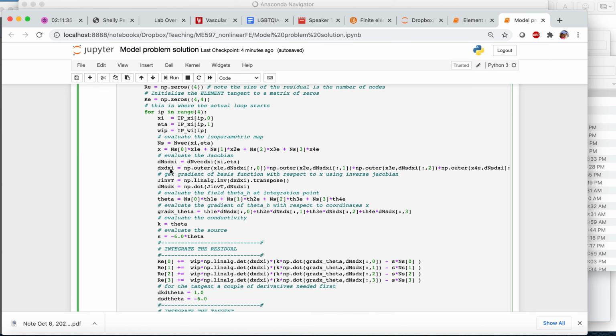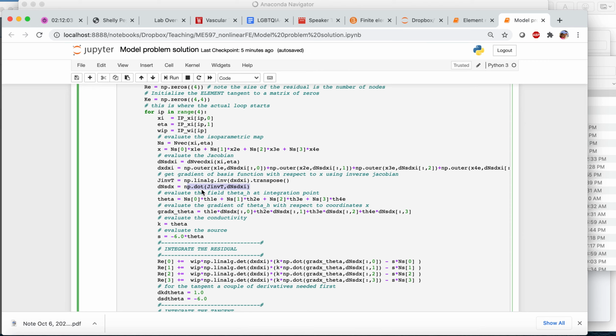Because I need to get gradients with respect to the x coordinates, I need the inverse transpose of that Jacobian. And then with that inverse transpose, I can get the gradients of the shape functions with respect to x. So initially I had calculated the gradient of the shape functions with respect to the coordinates xi, the parent domain coordinates. But I actually want derivatives of the shape functions with respect to x, but that is easily obtained.